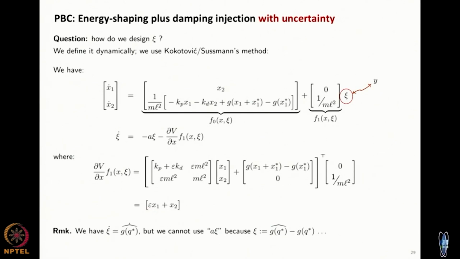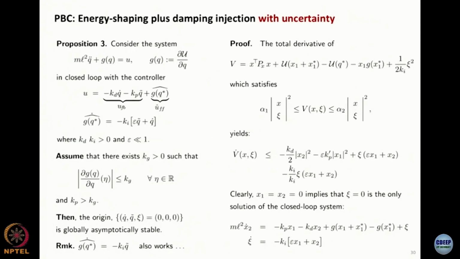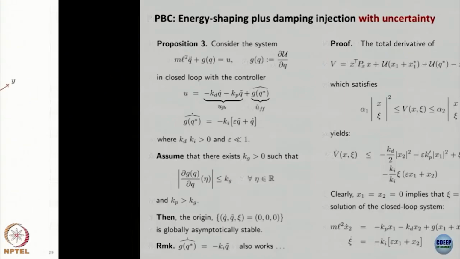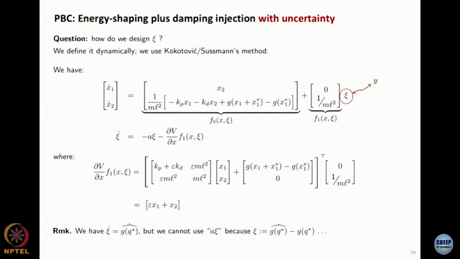And when you apply that, you end up with this controller. The controller you already knew uses gravity compensation, but instead of gravity compensation, you use an estimate of it, and in place of the estimate, you put this term, which comes from the method of Kokotovich.